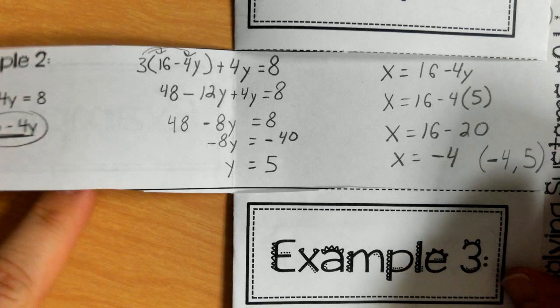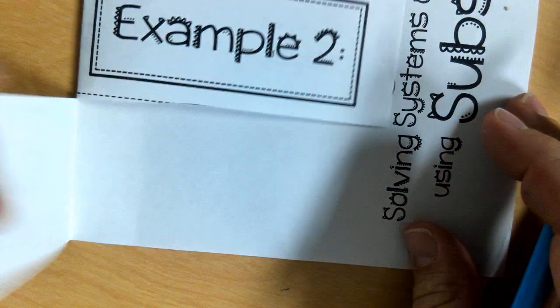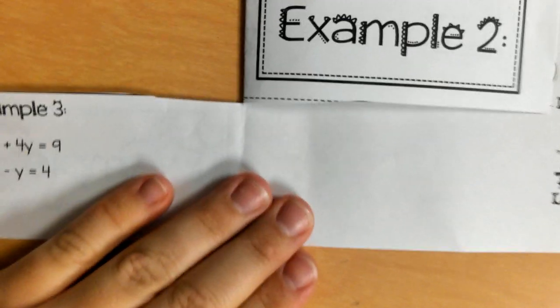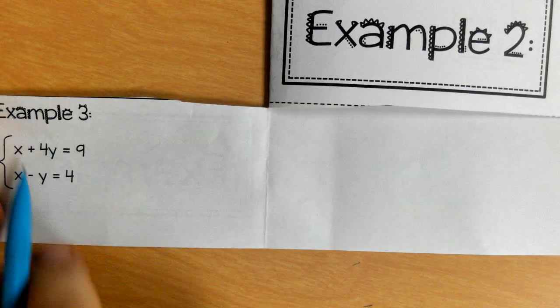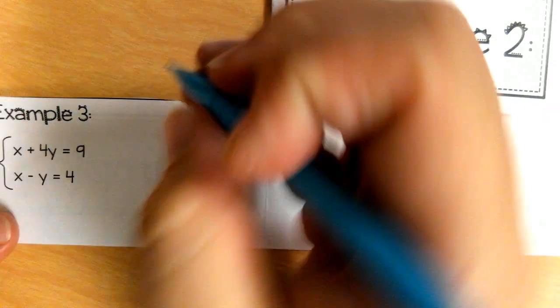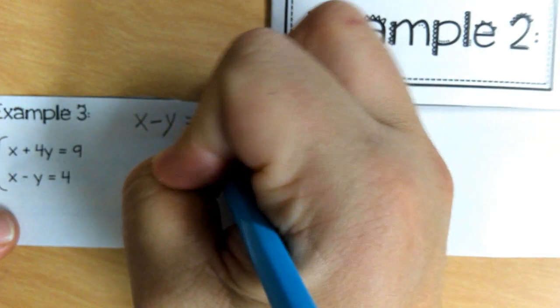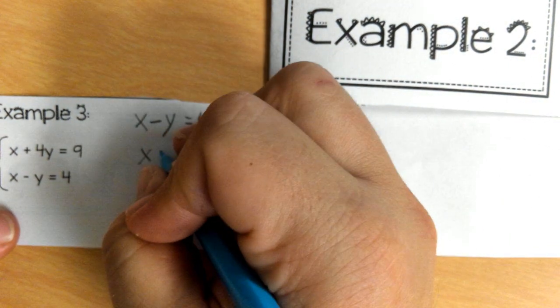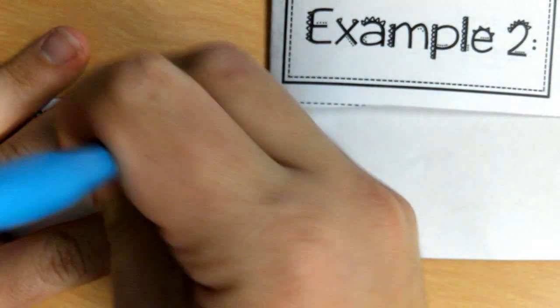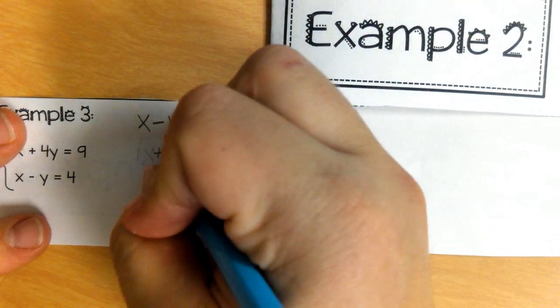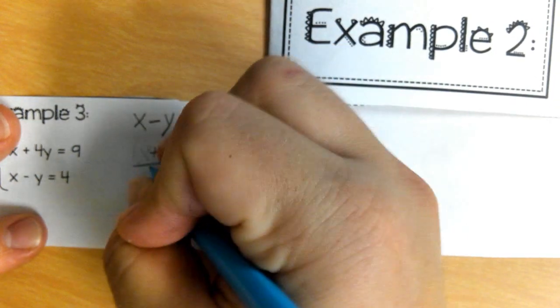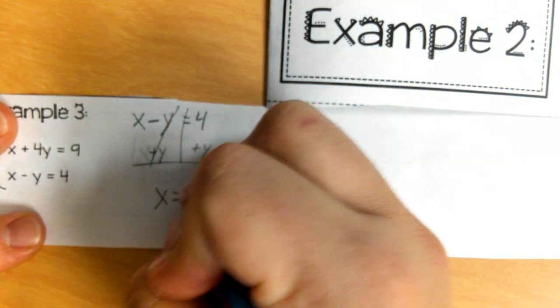Okay, last one. See, this one they don't have either isolated, so I get to choose. I'm going to choose the bottom one, and I'm just going to add y to both sides. So I get x equals y plus 4.